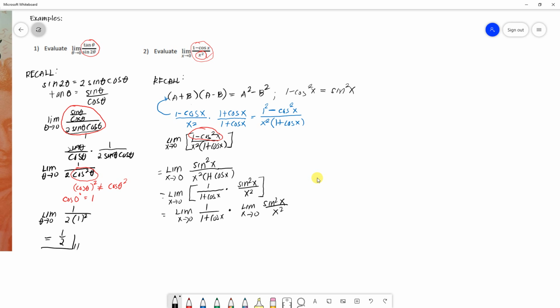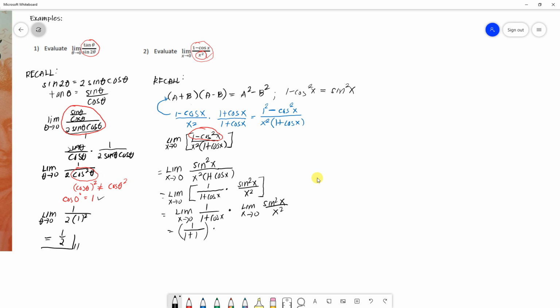Good. So, this first term or first function, cosine x, again, according sa definition, cosine 0 is equal to 1. Therefore, kung i-apply ko yung limits, this will become 1 over 1 plus 1. So, yun yung magiging value niya. Wala na si limits. How about this one?